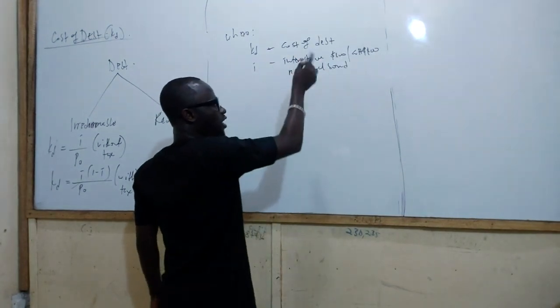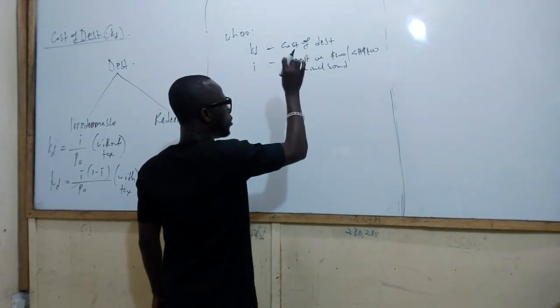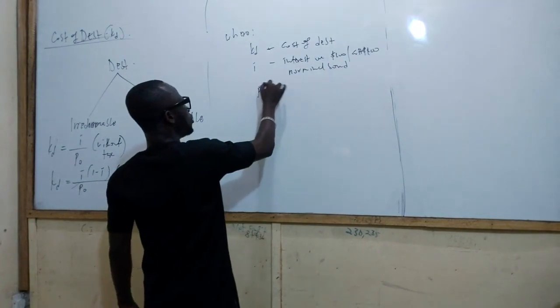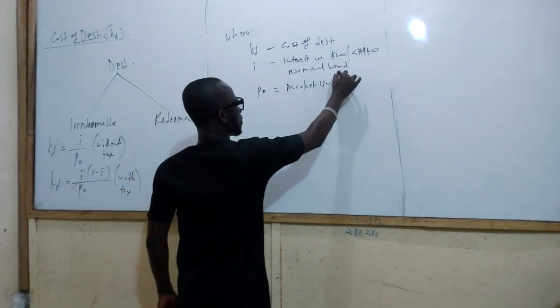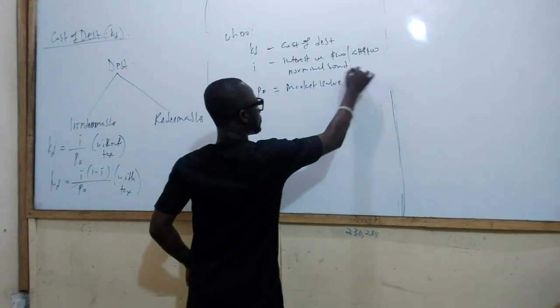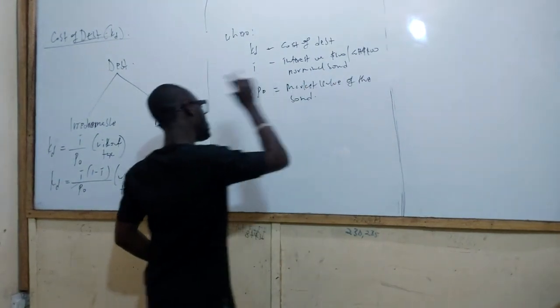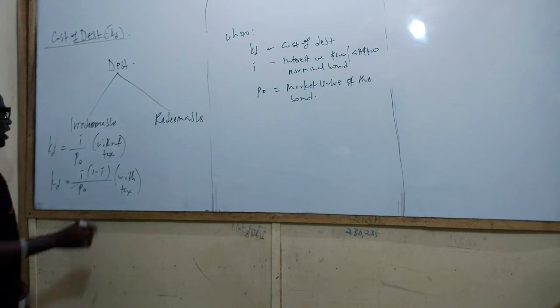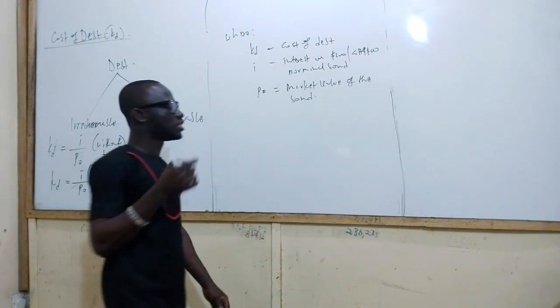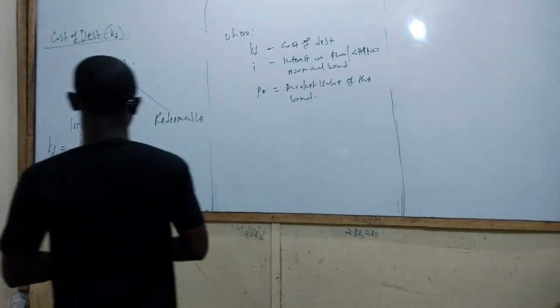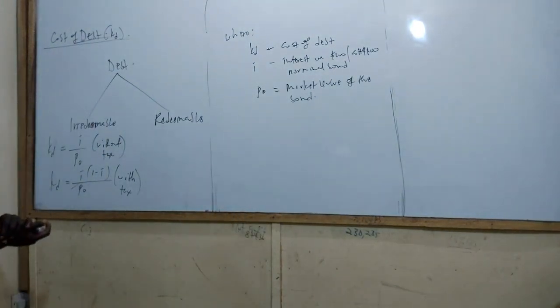Always, interest is expressed on the nominal value of the bond. And then PO is the market value of the bond. Remember, all these are times 100 because your answer has to be expressed in percentages. So that is how we calculate irredeemable debt.